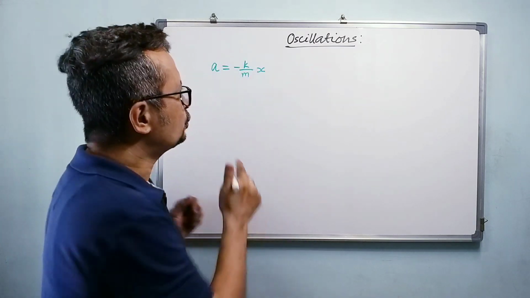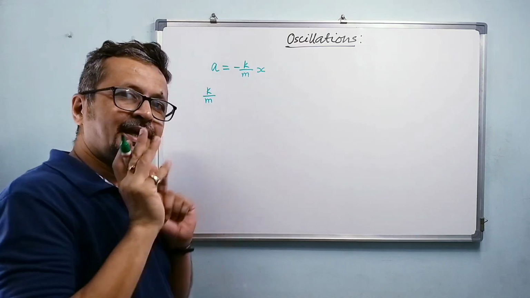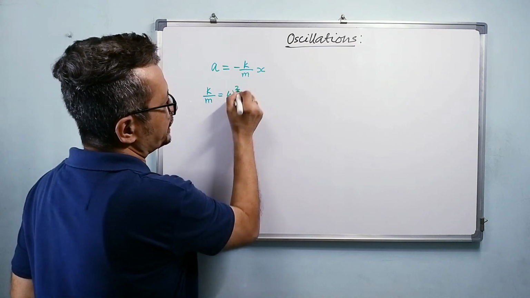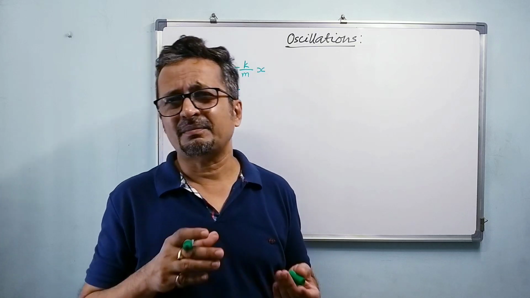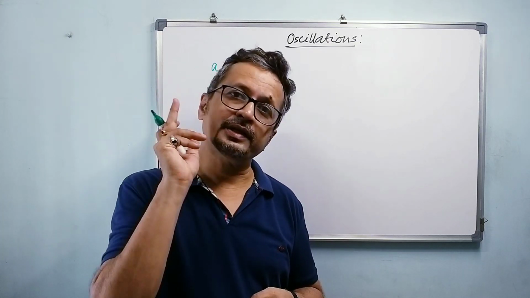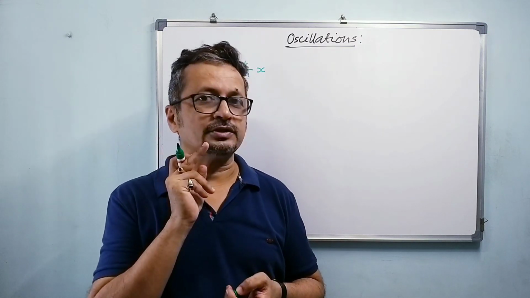Now I am going to substitute k upon m, I am going to express this k upon m as omega square. This omega is again a Greek alphabet. It is something similar to what you have learnt in motion in a circle. Over there this omega was angular velocity.